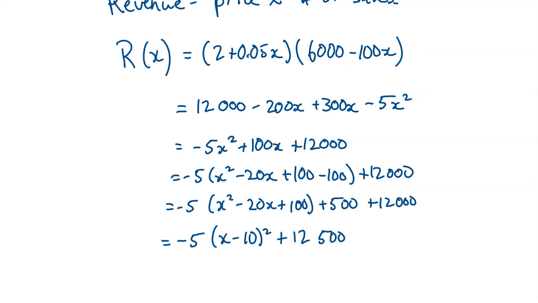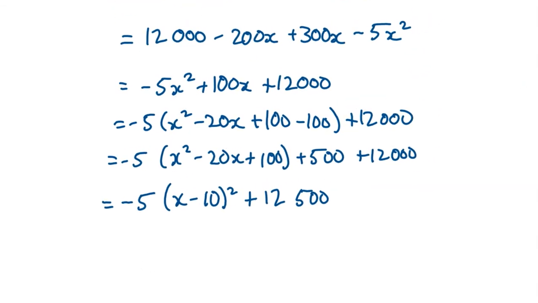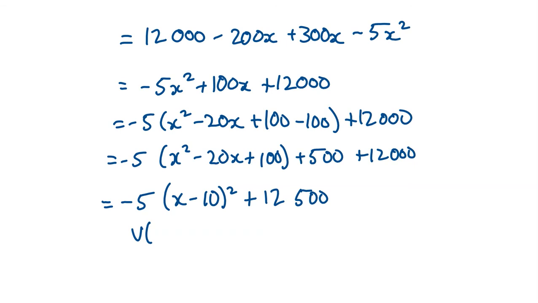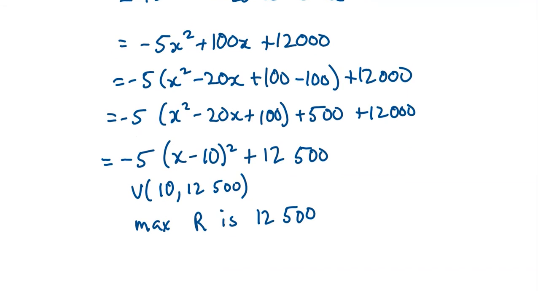And then I write out the final step. We were maximizing revenue, maximizing R, so the max R is 12,500. And that's when X equals 10, because I'm shifting to the right 10.